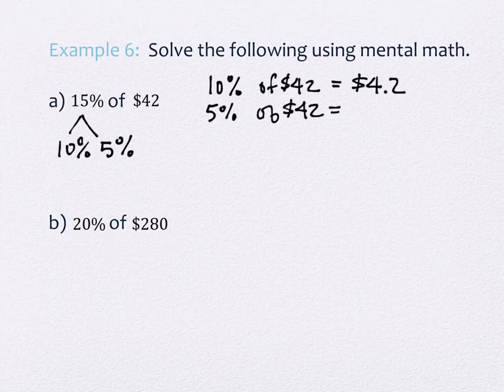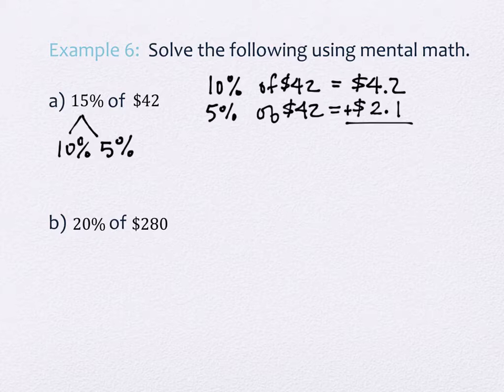What would you do to get 5% once you've found 10%? Divide it in half. So what is half of 4.20? 2.1. And then you can add these together. What's 4.20 plus 2.10? 6.3 or $6.30. Okay.